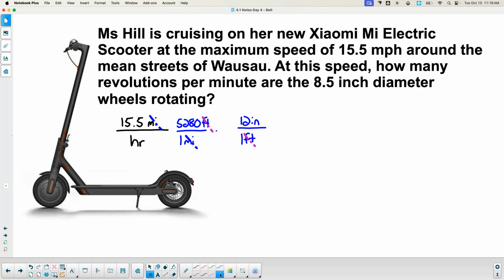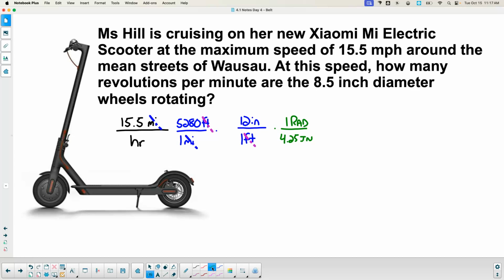What is the radius of our circle? 4.25. How'd you come up with 4.25? 8.5 divided by 2, because it's a diameter, so half of it's the radius. So then, a radius is a radian, right?